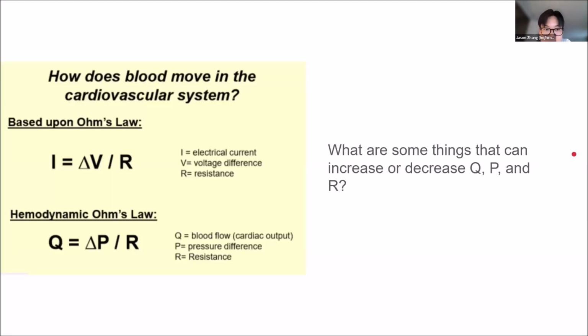The main thing in terms of resistance is that it correlates to Ohm's law. Ohm's law says current is equal to the voltage difference over the resistance. And this is paralleled in the cardiovascular system, where the current can be equated to Q, or blood flow, which is equal to the pressure difference over resistance. So someone told me something that can increase the Q, or your cardiac output.